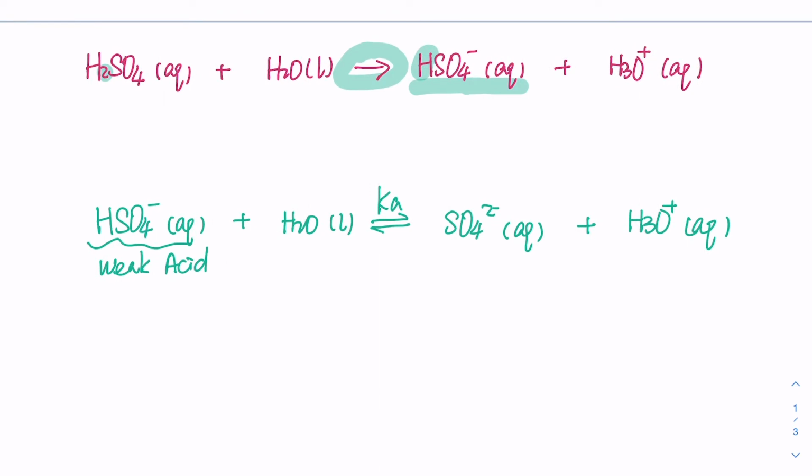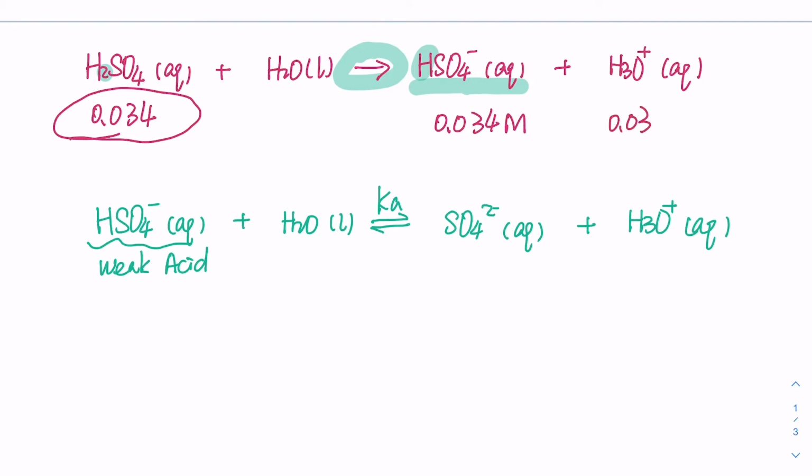If we understand all this background info, we're given the concentration of sulfuric acid itself, 0.034. All of this will produce the same amount of HSO4 minus and the same amount of hydronium ion from the first step. Why?